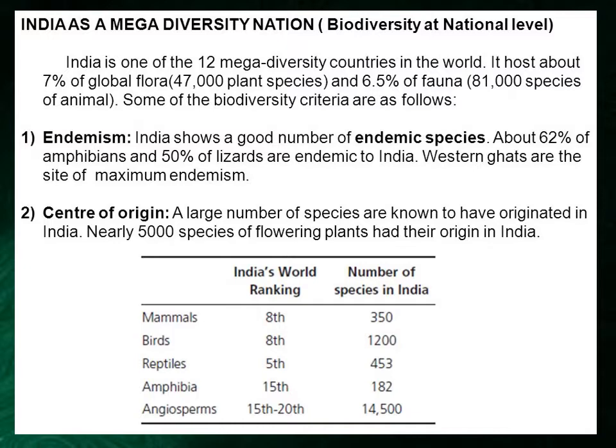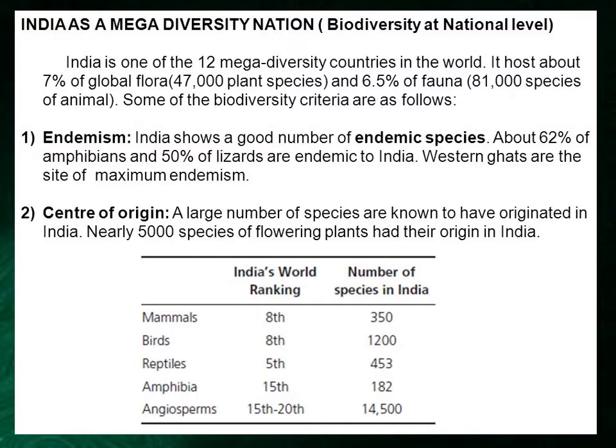So like this, you can see that in most cases the position of the Indian landmass is within the top 10 or top 20 countries having the most varieties of different kinds of life, either different kinds of birds or mammals or amphibia, even the flowering plants.